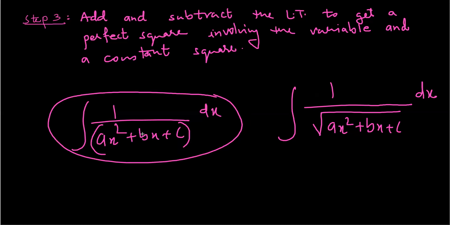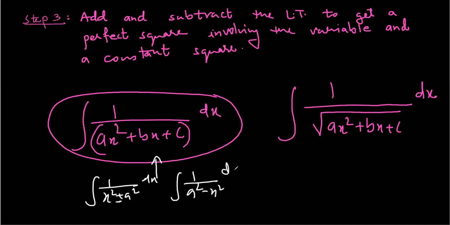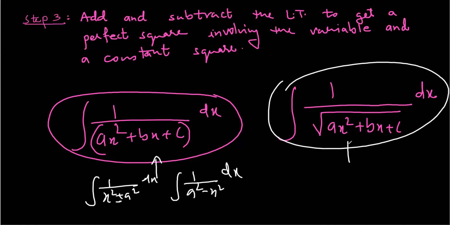So here, which theory did we use? Here we used the set 1 theories. For such problem we used set 1 theories. 1 upon x square plus a square dx, 1 upon x square minus a square dx, 1 upon a square minus x square dx for this. And for this, if you remember, we had used set 2 theories. What were set 2 theories?